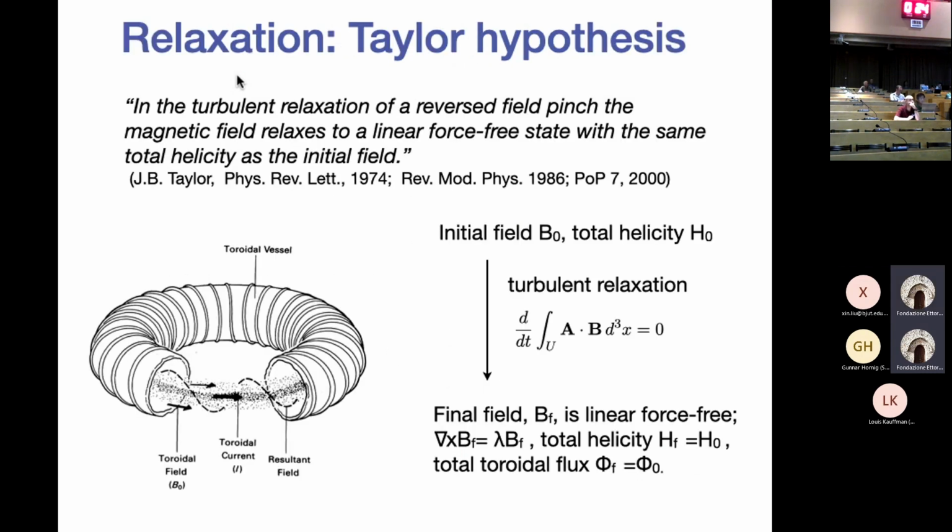Right. So this idea that helicity is conserved and that we reach a linear force-free field in a relaxation is the basis of a famous hypothesis by J.B. Taylor, put forward in the 70s as well, that the relaxation of a toroidal plasma, the reversed field pinch, leads to a linear force-free field, conserving the total helicity and the toroidal flux.